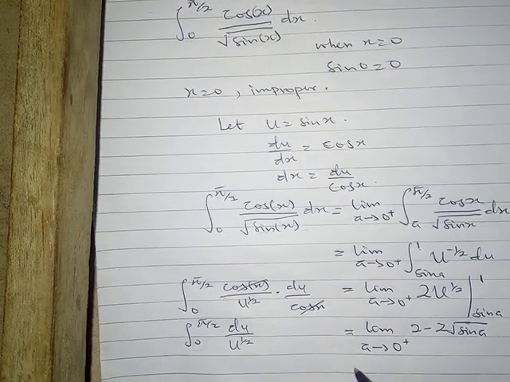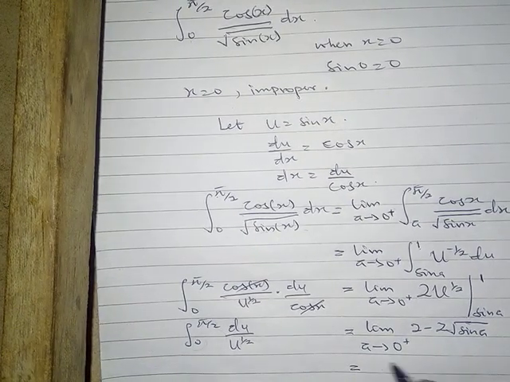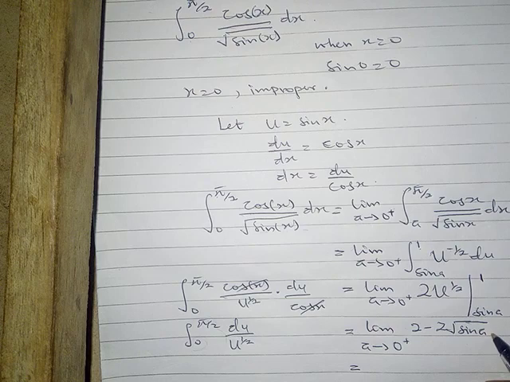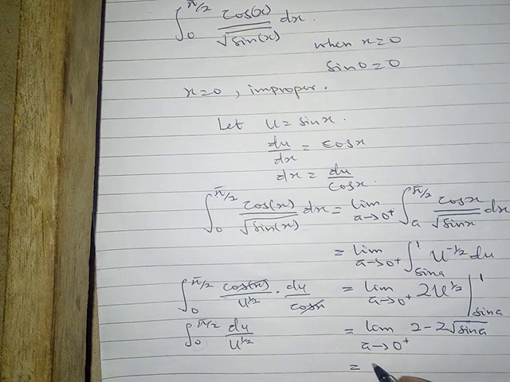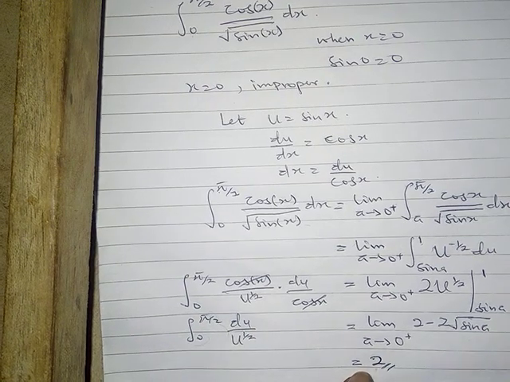Because a is approaching 0 positive, this tends to 0, and this gives us 2. So it converges, at the value 2.